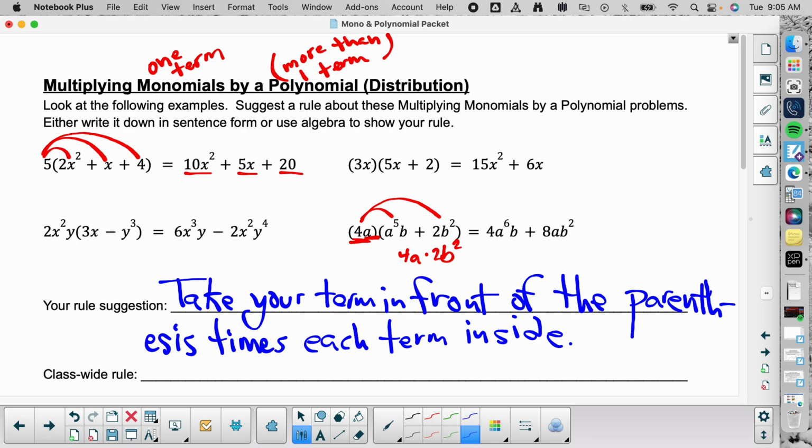I don't know if there's really a good way to write this as a short statement. But our goal is anything that's in front of the parentheses, you multiply towards the stuff on the inside.